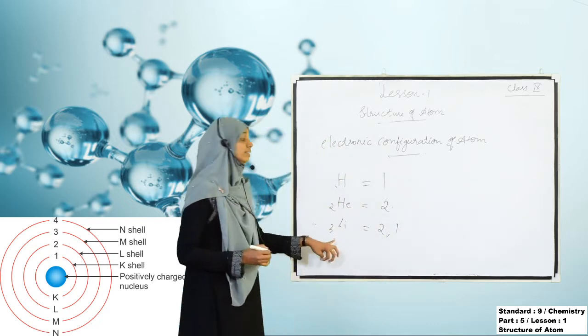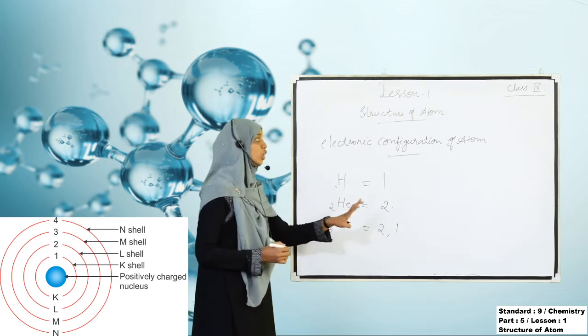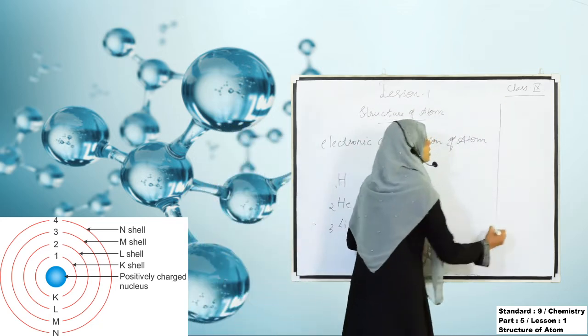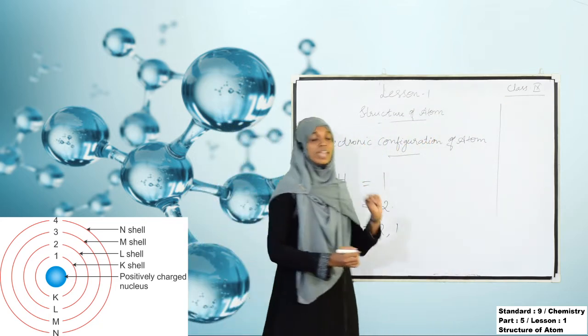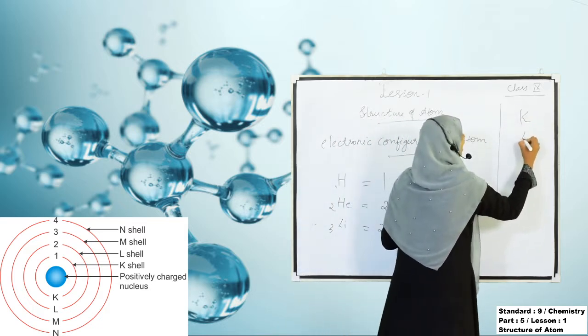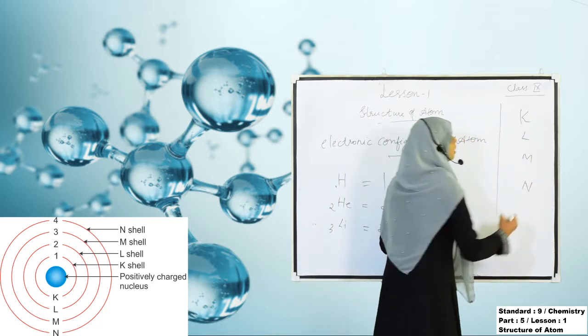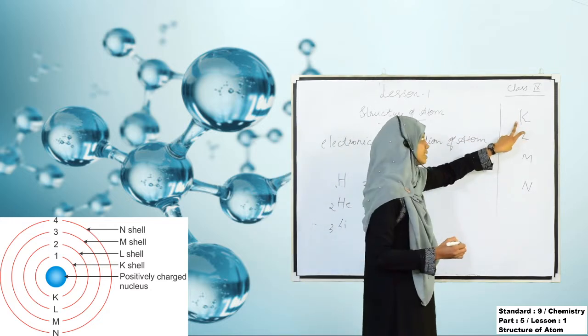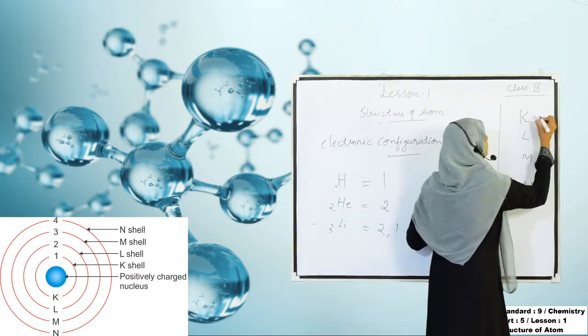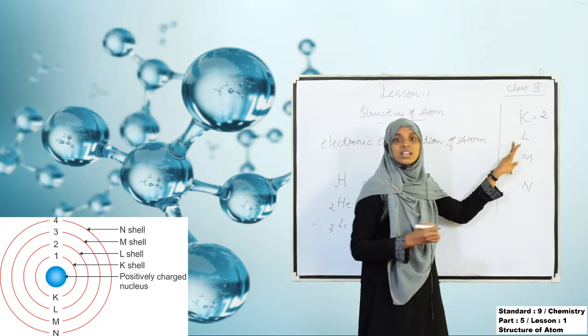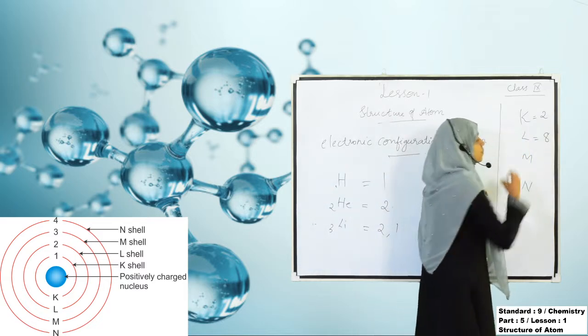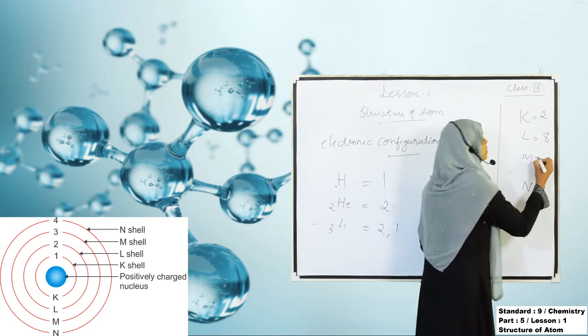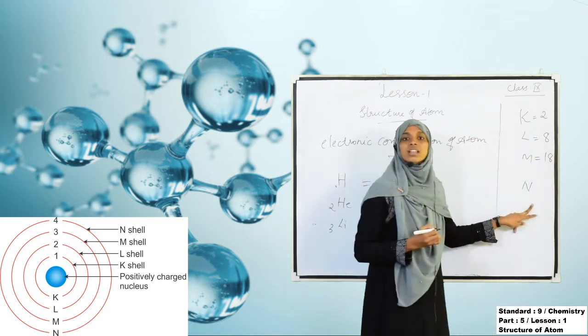Here there are 3 electrons. We know that in an atom there are 4 main shells, K, L, M, N. The maximum number of electrons the K shell can occupy is 2. In L it is 8, in M it is 18, and in N it is 32.